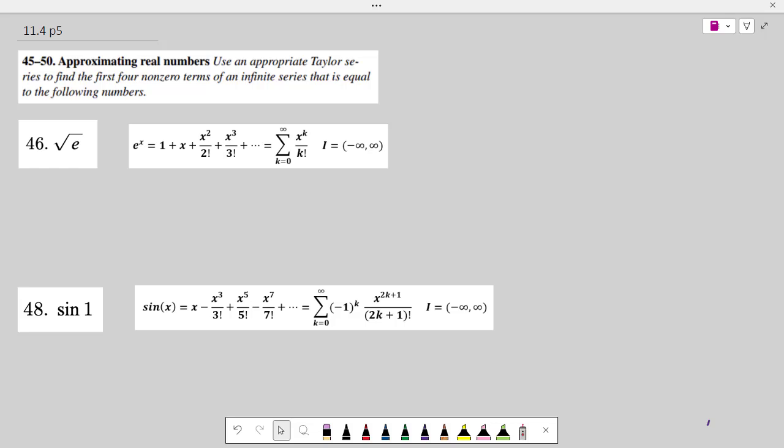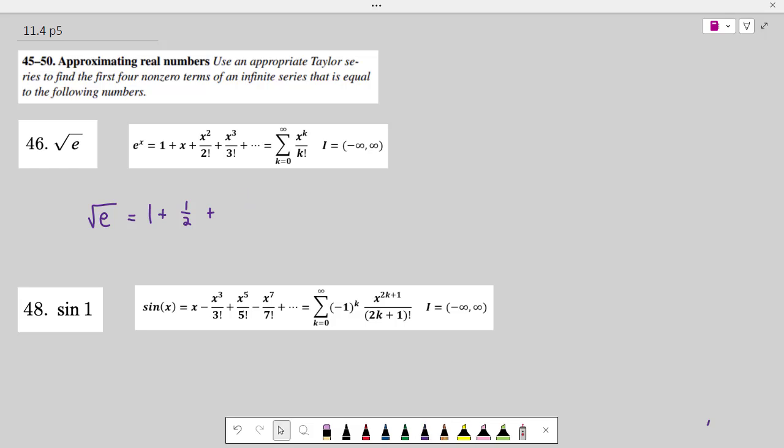The only thing here, it's more of an observation than anything. If you have the power series for a particular function, you can find infinite series representations of numerical values. So the square root of e has an x value of 1/2, so this is an infinite series representation of root e.